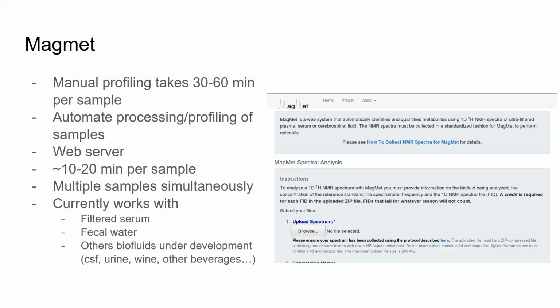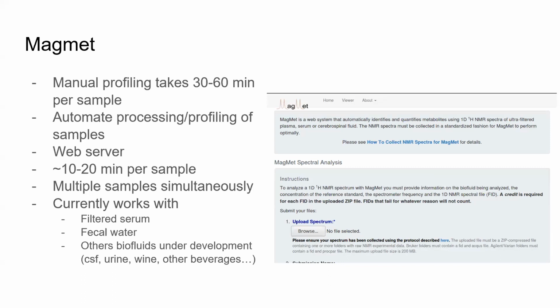It can profile multiple samples simultaneously. So effectively, it can take 5 or 2 minutes per sample if you have multiple samples being run. On the right, you can see a screenshot of the main website.